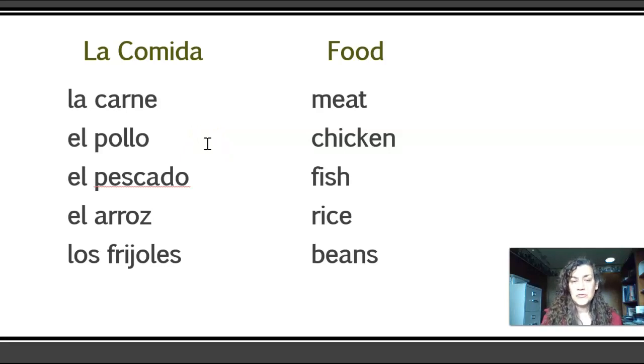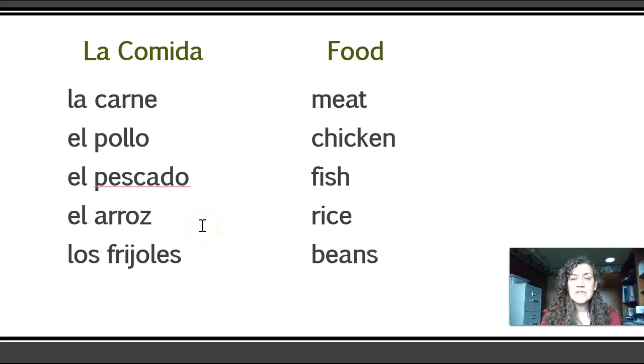Think poultry in English. El pollo. El pescado is fish. Now, there are actually two words for fish in Spanish. This word means a dead fish on your plate that's going to be consumed. El pescado.